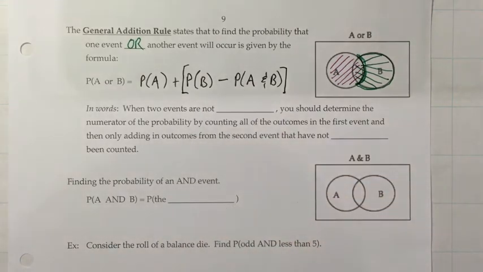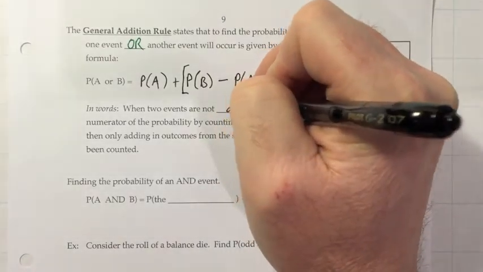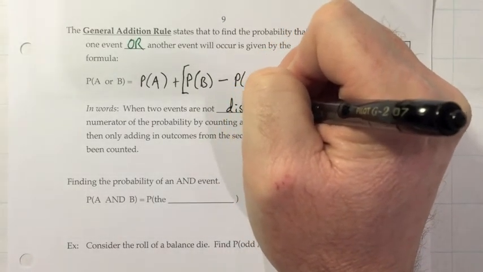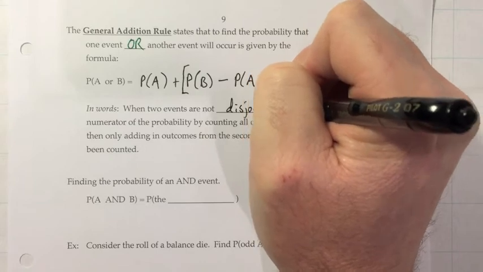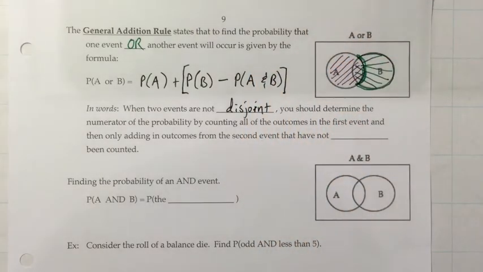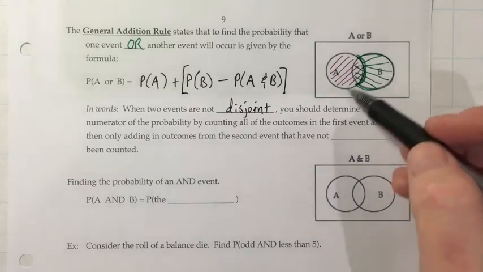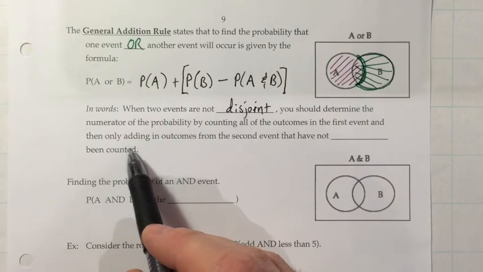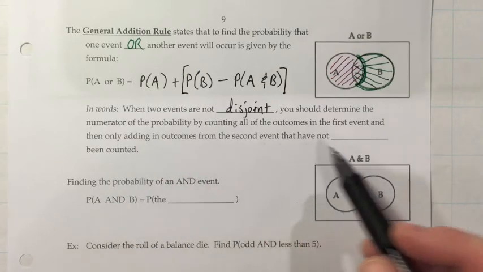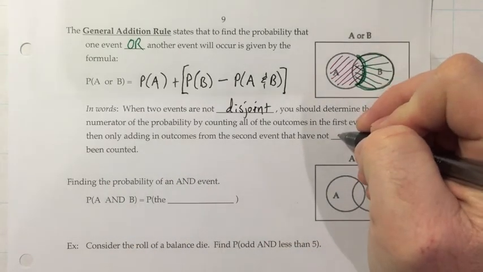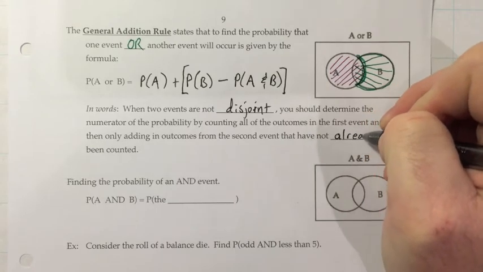So in words, when two events are not disjoint, so they have something in common, you have to worry about this double counting problem. So we should determine the numerator of that probability by counting all of the outcomes in the first event, every one of the things in A, but then only adding in outcomes from the second one that have not already been counted.